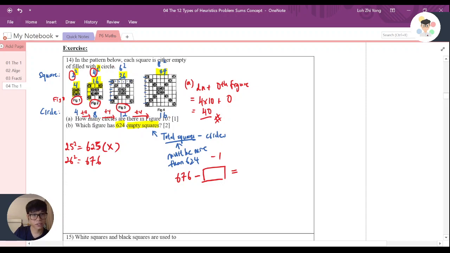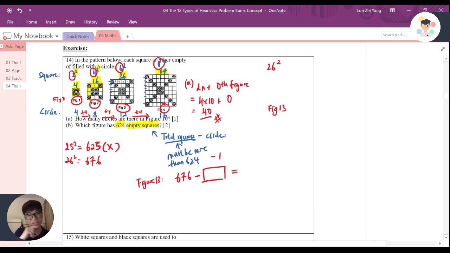When it is figure 3, it is 6 square. Basically, we times 2. So when this is 8, here is actually figure 4. So I know that when it is 26 square, here will be figure 13. You get the concept? Right.